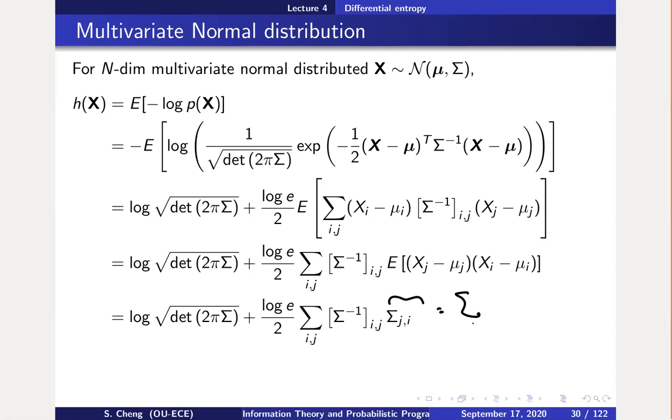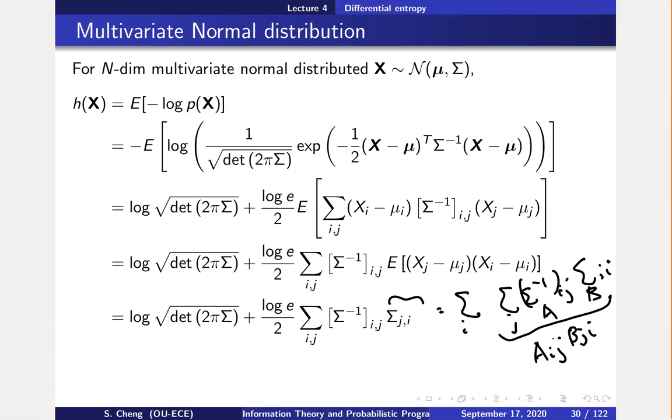Then I can write this as a sum over i, then a sum over j, of sigma inverse, the ij element, times the sigma ji element. But what's this thing here? Let's say this is matrix A and this is matrix B. This is A ij multiplied by B ji, summed over j. This will be just equal to the (AB) ii element, right?